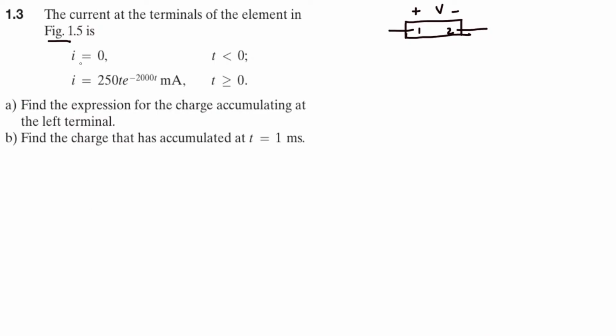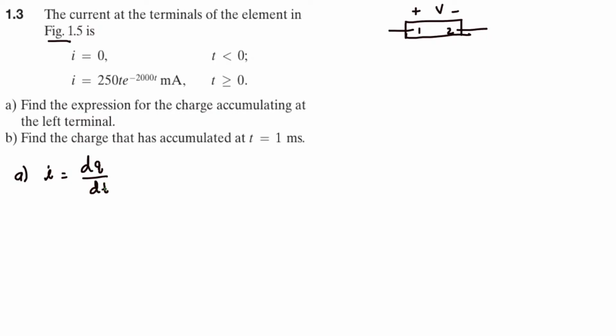Here they are saying when t is less than 0, i is equal to 0, and when t is equal to or greater than 0, i is equal to 250t e^(-2000t) milliampere. And we know that there's an equation for the current. Current is nothing but the differentiation of the charge, which is dq by dt.